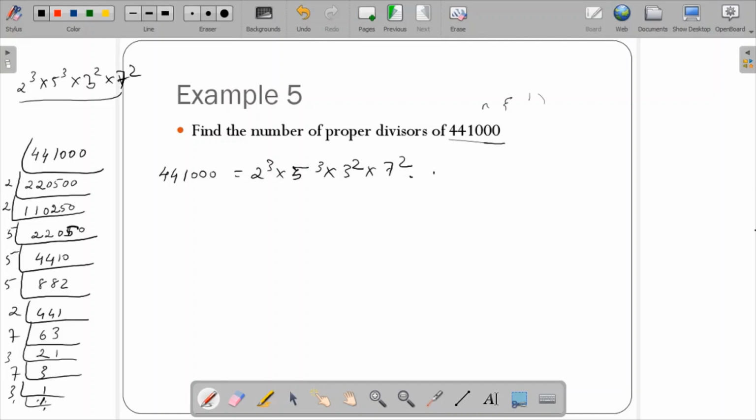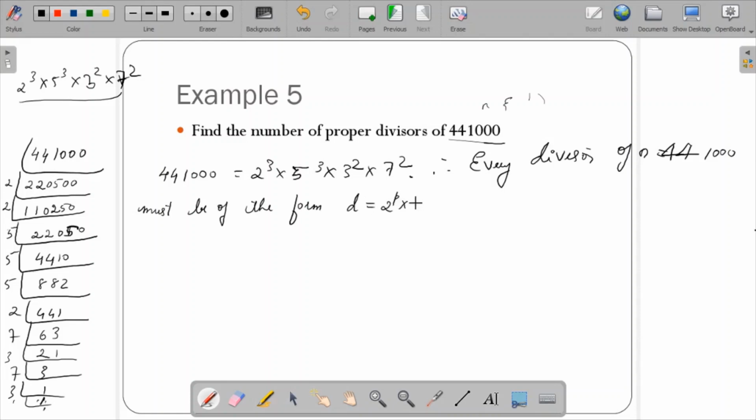Therefore every divisor of n equal to 44110 must be of the form d is equal to 2 to the power p into 5 to the power q into 3 to the power r into 7 to the power s, where p is 3, so p is ranging from 0 to 3, and q is 5, again q is ranging from 0 to 3.